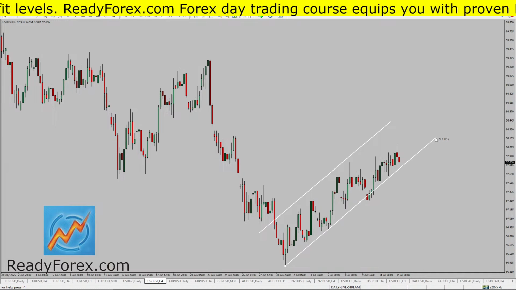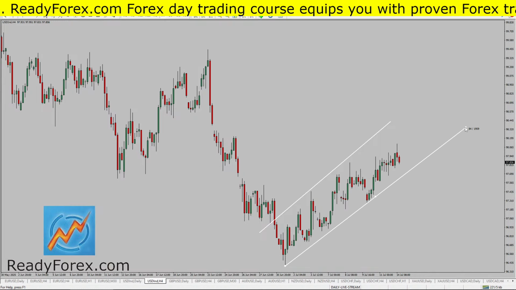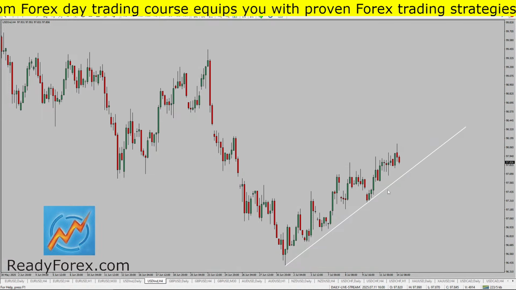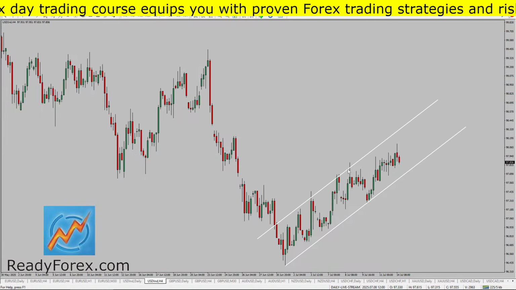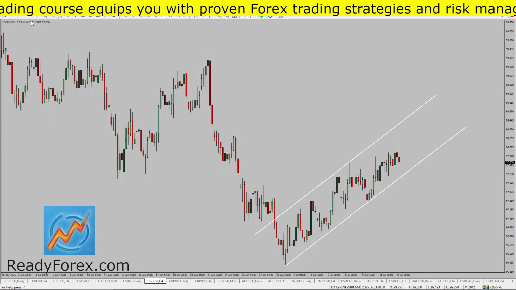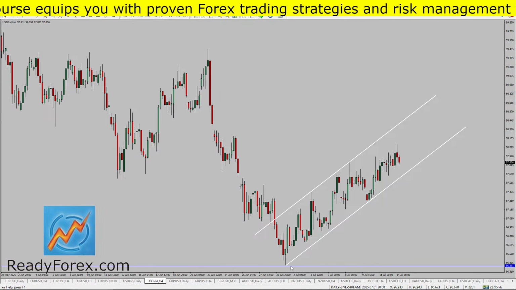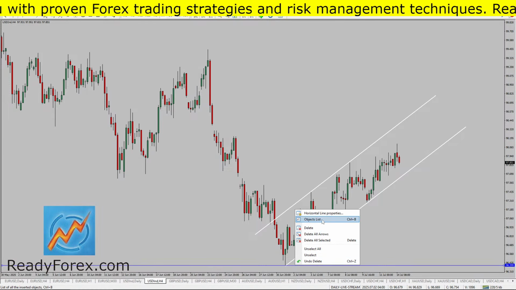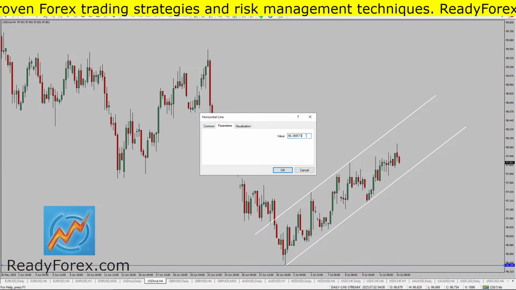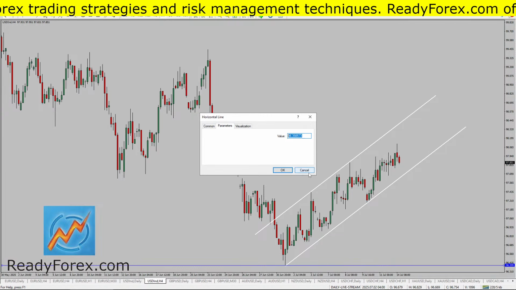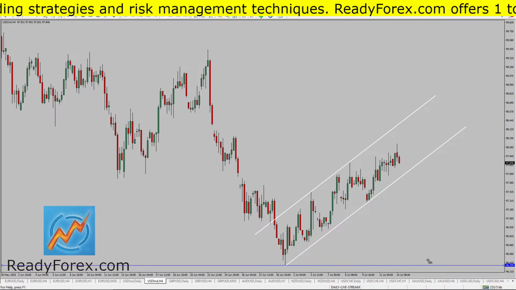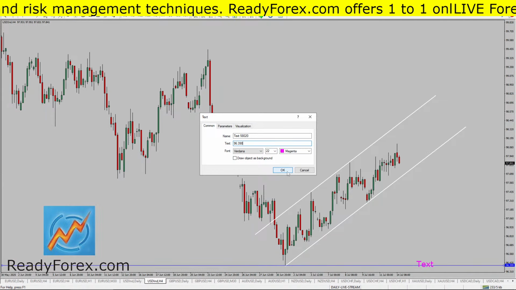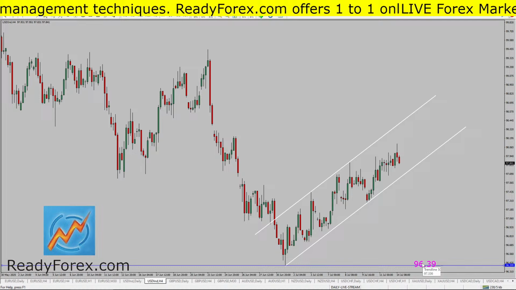However, we need the market to drop, but the decline should not be a deeper one. We should get a shallow drop in price action. So this means we have this support over here, which the market should not touch: 96.39. Let me write it down. 96.39 right over here.